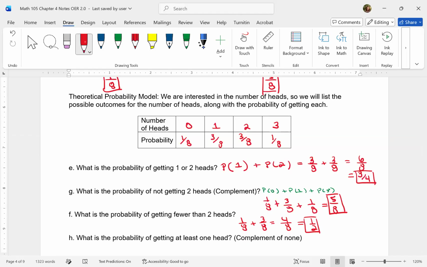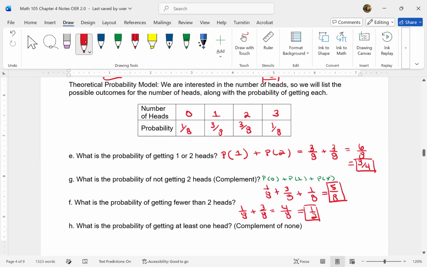Okay, now another, what is the probability of getting at least 1 head? Meaning we see at least 1 head pop up. And in this case, that means that 2 heads could pop up, that'd be allowed, and 3 heads could pop up, that would be allowed. So we'd be finding the probability of 1, 2, and 3.